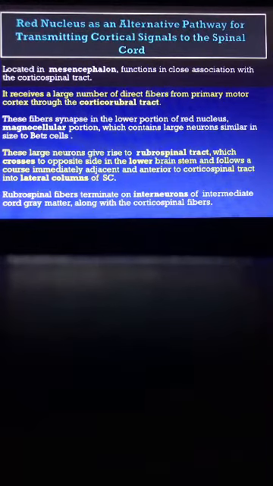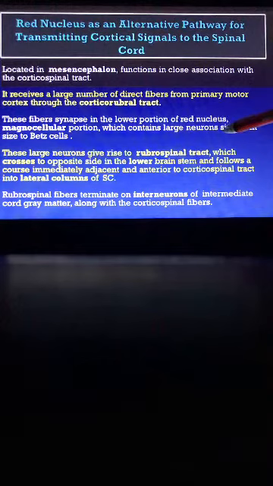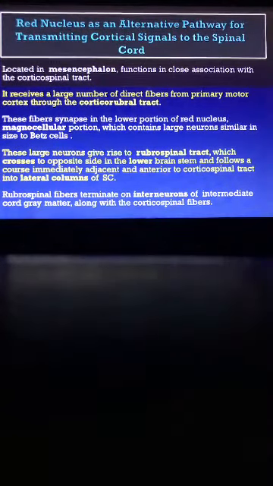These fibers synapse in the lower portion of the red nucleus نسميه magnocellular portion. Contains large neurons similar in size to beta cells، تشبه البيتا cells المسؤولة عن الكورتيكوسبينال tract.